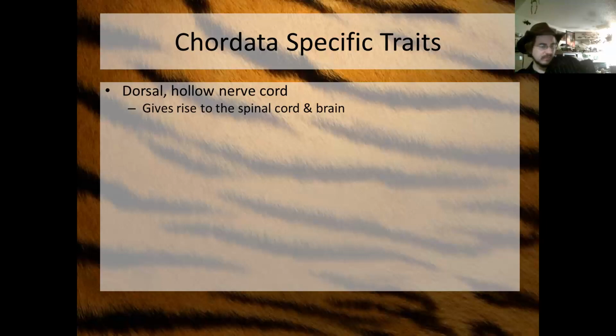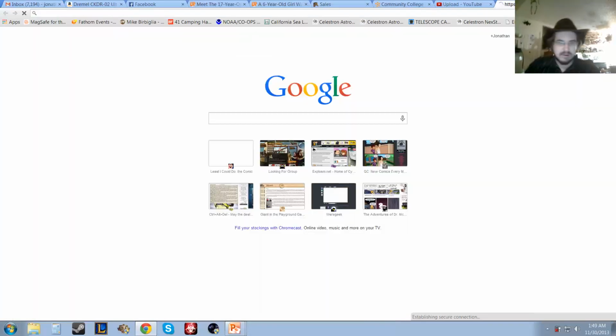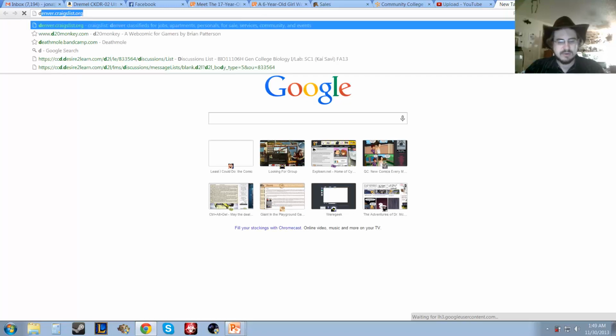So, during embryonic development, you get the dorsal hollow nerve cord, and then it becomes the spinal cord and brain. Let's see, I think I can pull up a picture that would be good here.